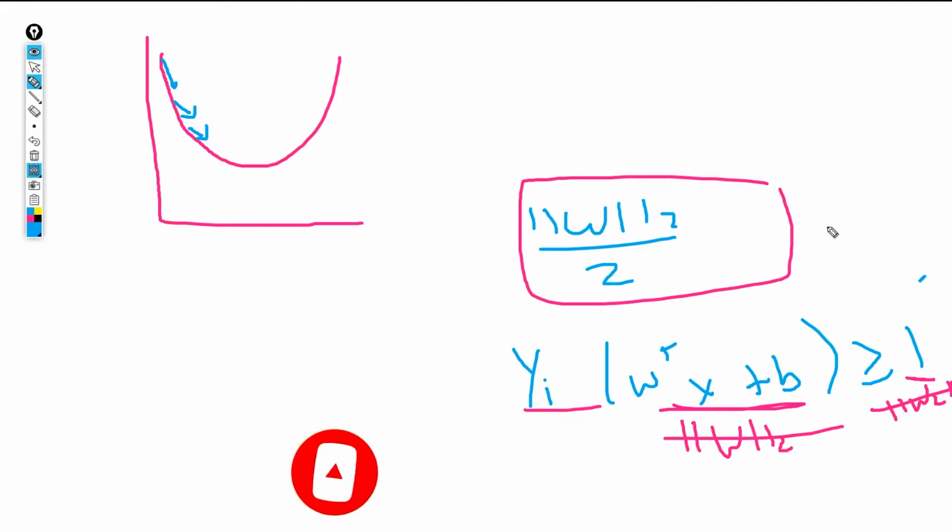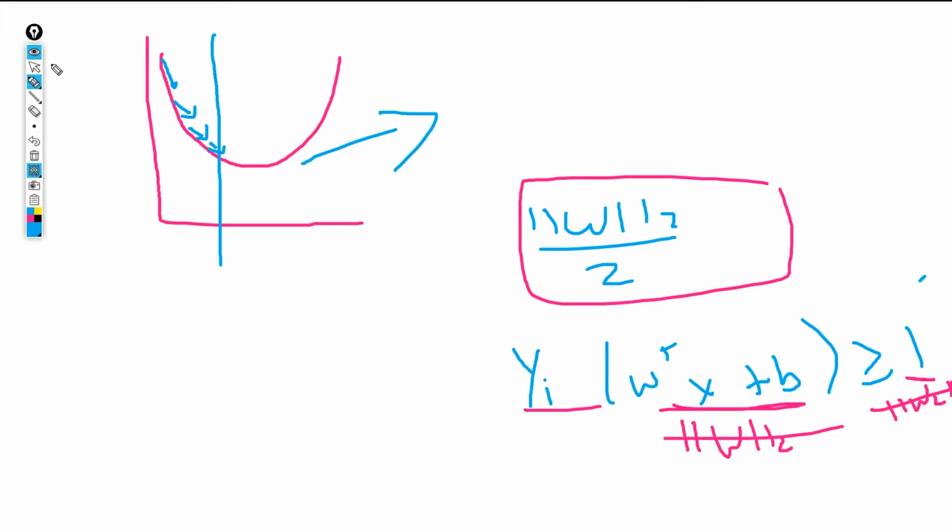We are saying, minimize this, but you should follow this condition. If you are not following this condition, then you cannot minimize further. So there is a limit to this, and it cannot minimize it further. This is the main problem behind this part, and we cannot even solve it like this.